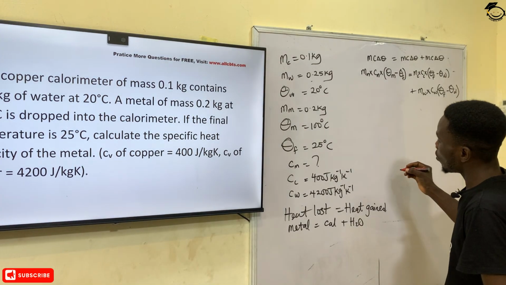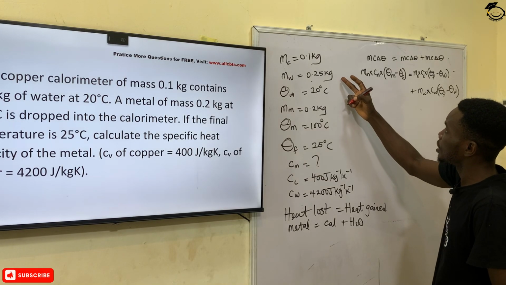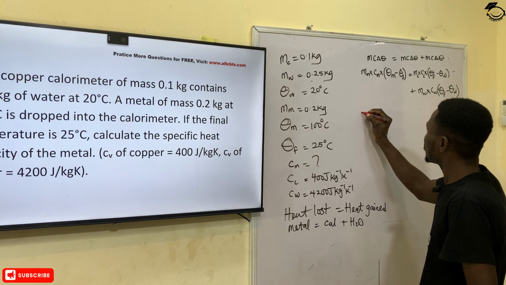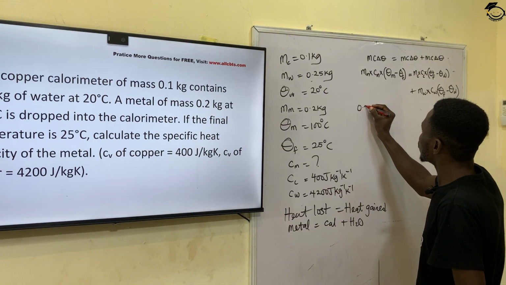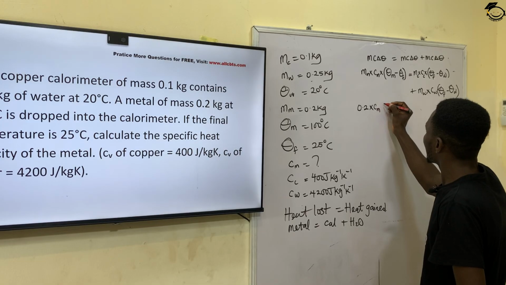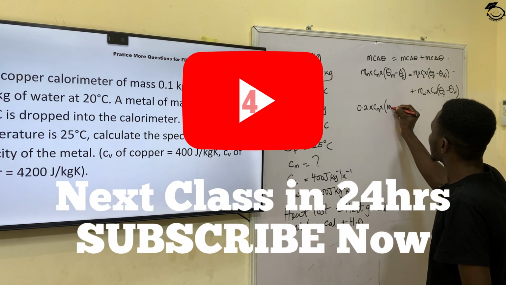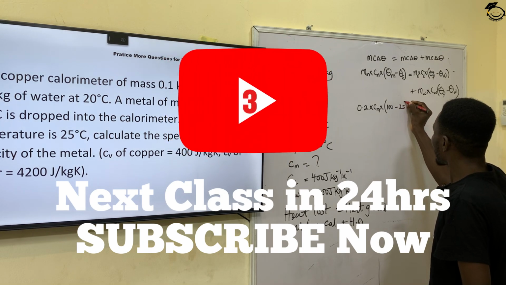So from the parameters we are given, the mass of the metal was given as 0.2 times the specific capacity of the metal, which is unknown, so Cm, times the temperature of the metal, 100, minus 25, the final temperature.